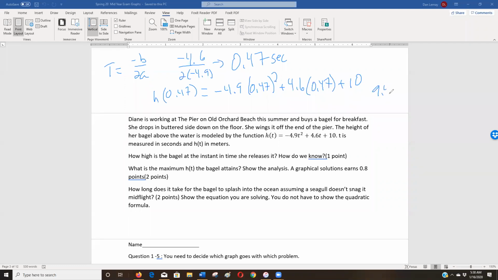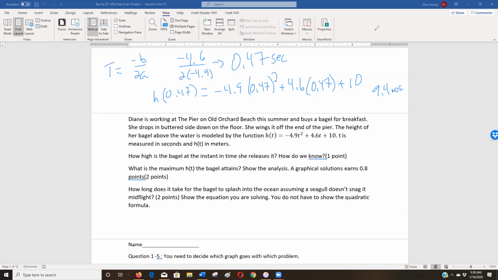Or 9.4 meters, right? Isn't it meters? Yeah. That doesn't make sense because it's got to be more than 10. Just a minute here.